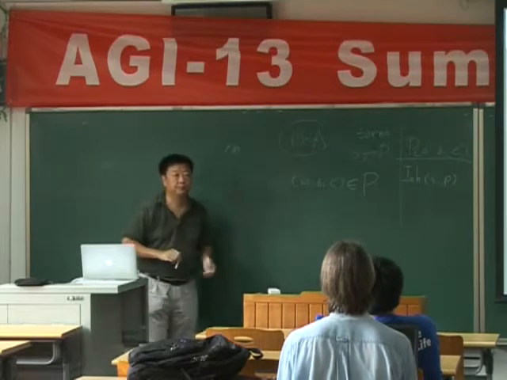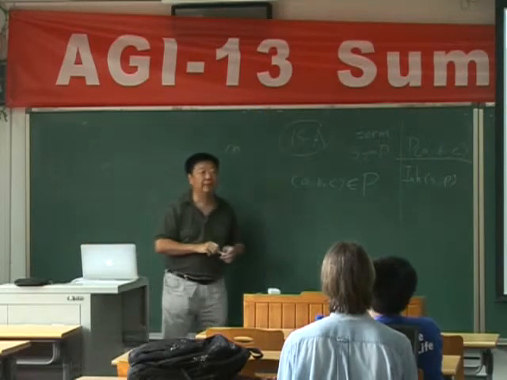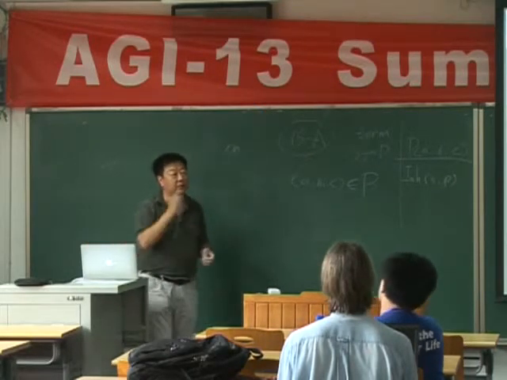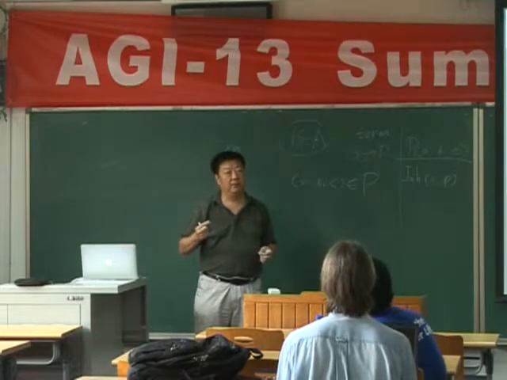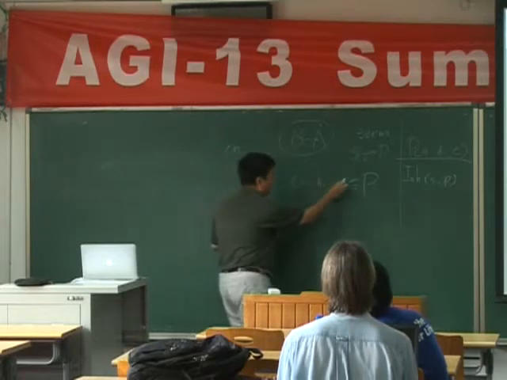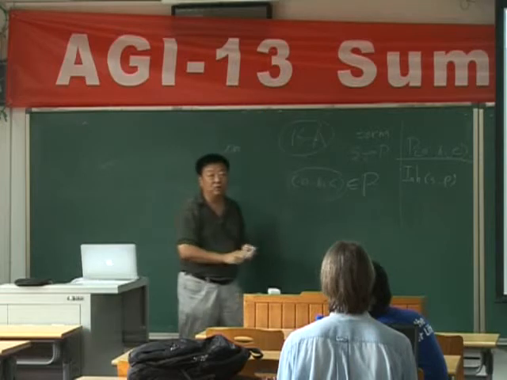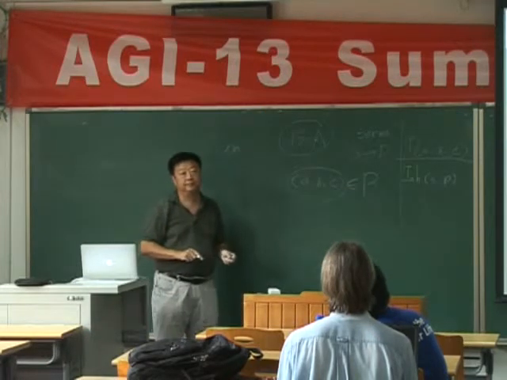Actually, by definition, a relation is a set in set theory. It's just that the elements are not individuals, but tuples. It's just that several things related to each other is taken to be an element of this relation.